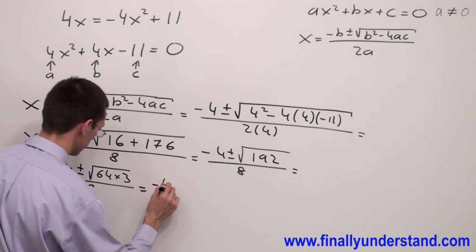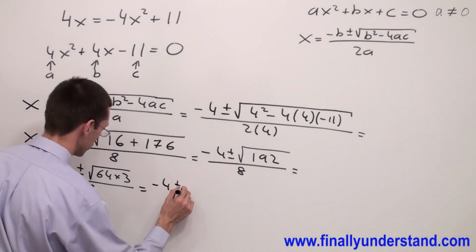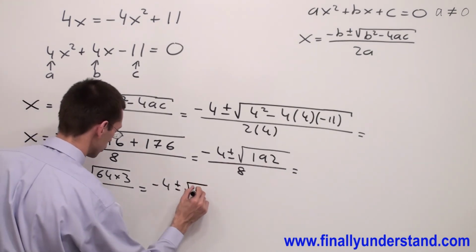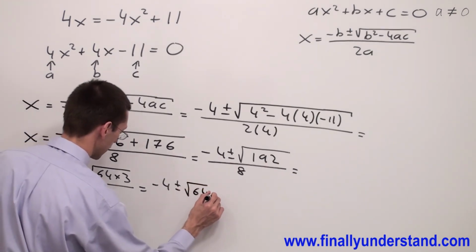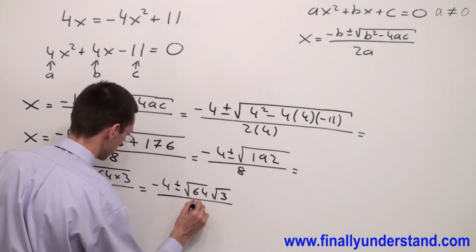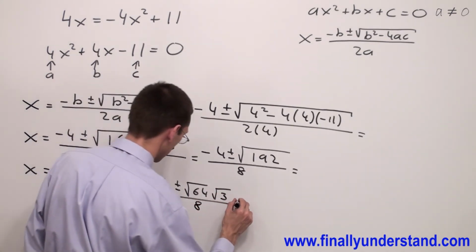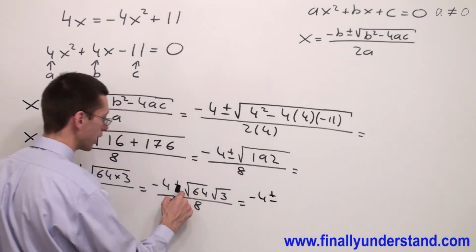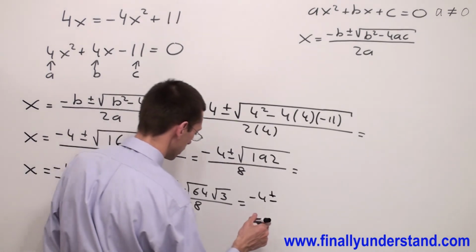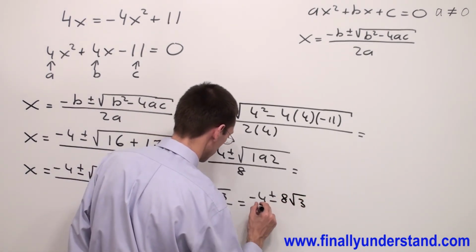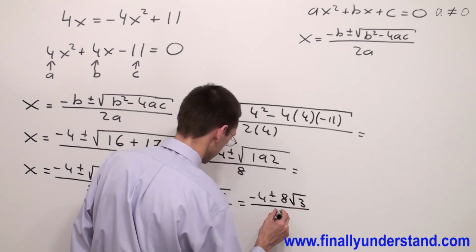We have negative 4 plus minus, you can rewrite this square root as square root of 64 times square root of 3 over 8, which is equal to negative 4 plus minus square root of 64 is equal to 8, square root of 3 over 8.